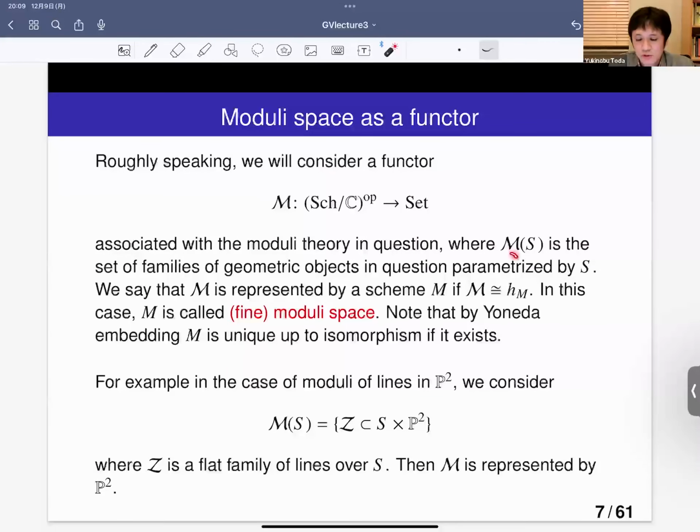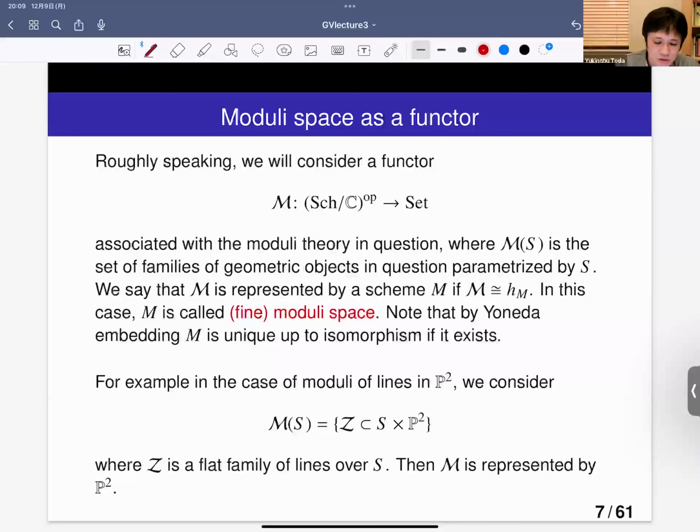Usually we want to take M(S) to be the set of families of geometric objects which we want to consider, that is, the families of objects parameterized by S. For example, if we want to consider the moduli space of curves, then we want to take M(S) to be the set of families of curves parameterized by S. Then we say that M is represented by a scheme M if this functor is isomorphic to the one coming from the Yoneda embedding.